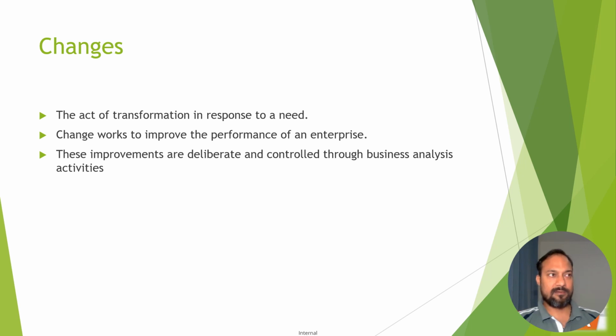There are 6 knowledge areas in which we will study about 30 different activities that the business analyst has to perform. We'll talk about all those activities in our upcoming videos. So all those sort of improvements are deliberate and controlled through the business analysis activities.